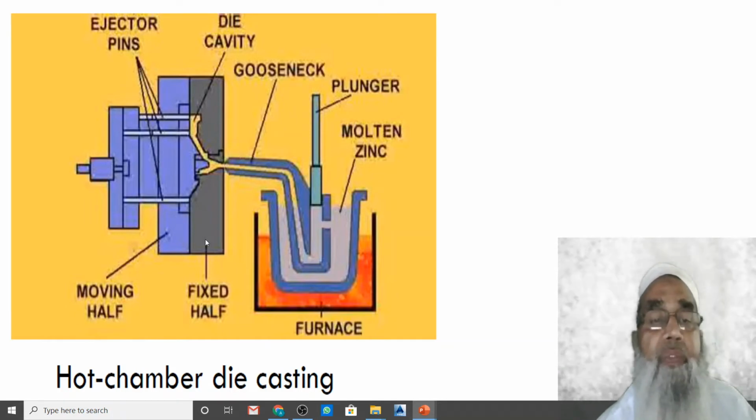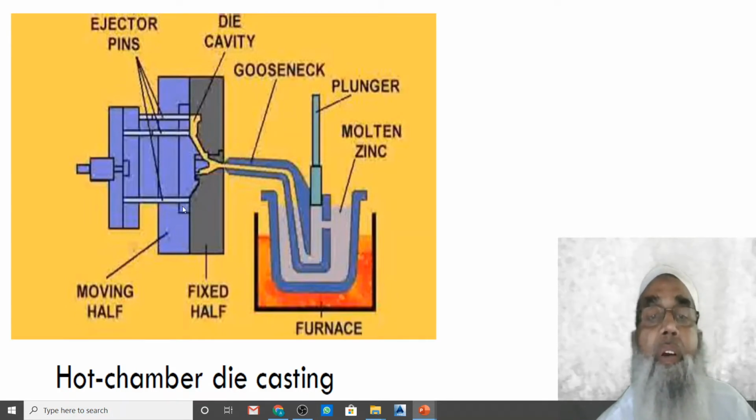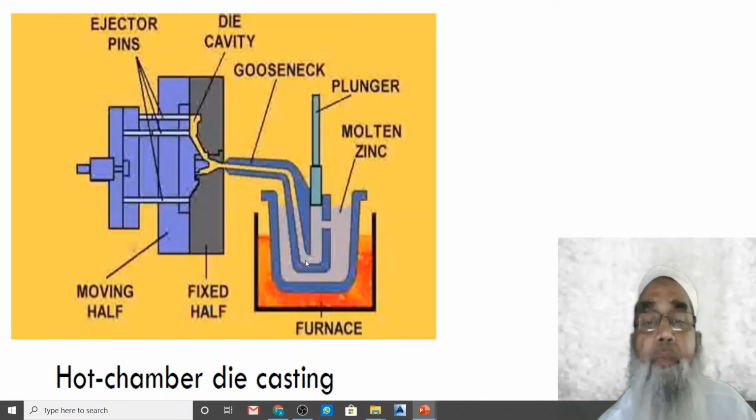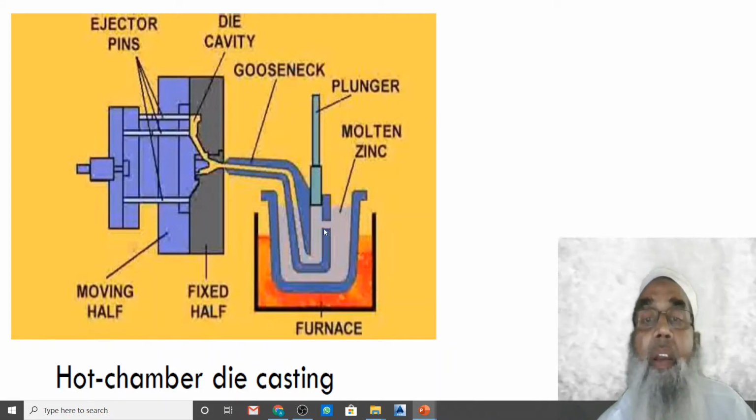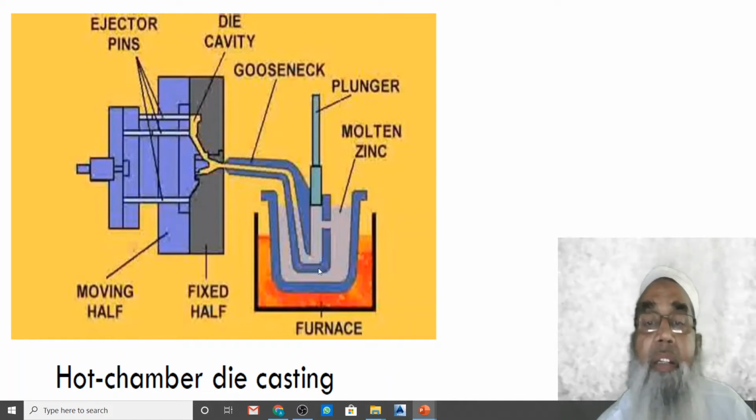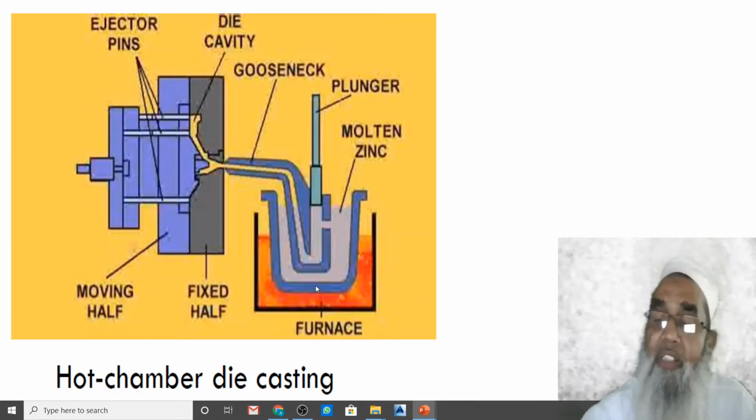This is the fixed half, this is the moving half, and this is the die cavity, and this one is the gooseneck with the plunger, and there is an opening to get the molten metal into the chamber of the gooseneck. This whole system is immersed in molten metal, which is in the crucible, in the furnace.